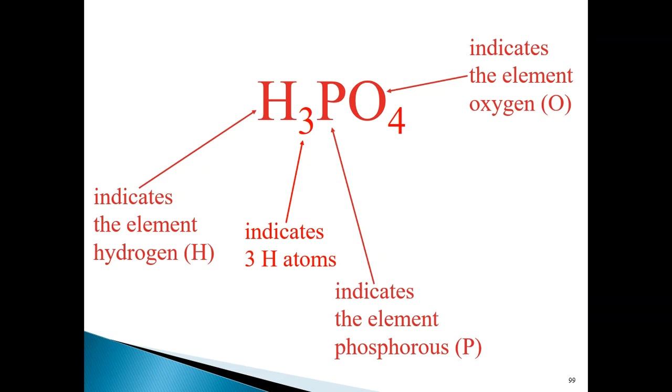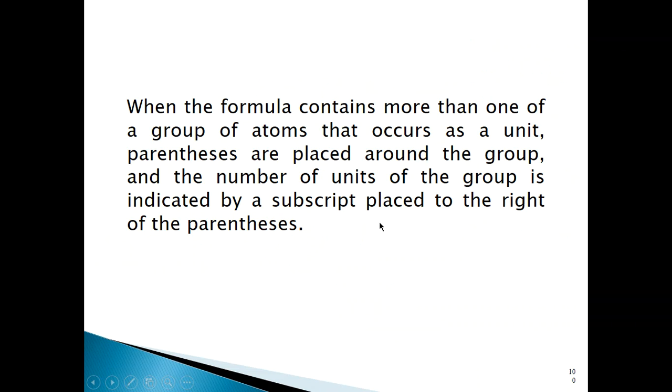So that's how you interpret formulas. These subscripts give you an indication as to the number of atoms present per molecule, if it's a molecular compound, or the ratio between the different atoms or ions present in an ionic compound.